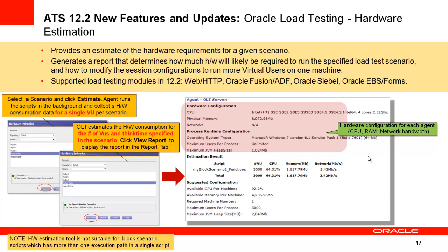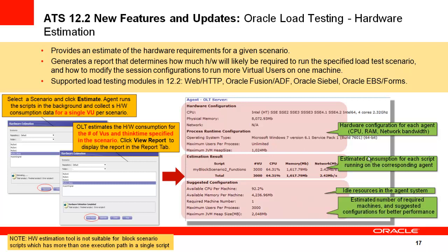In this example, here is the current hardware configuration information. The example has only one agent system, but if you have multiple agents configured in the scenario, then it will give you a report for each agent. And here is the estimated resource consumption. And finally, the suggested information on how you can configure the settings to run the scenario.